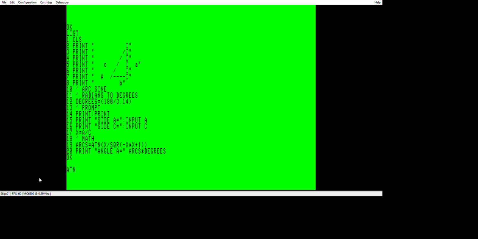And from this function alone, you can derive arc sine, arc cosine, excuse me, arc tangent is already built in, arc cosine, I'm getting this mixed up here.